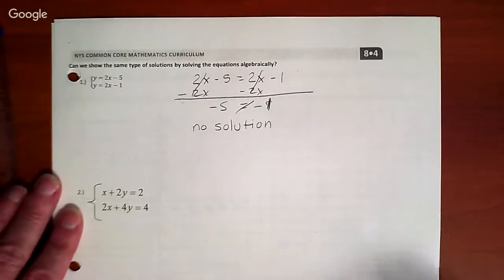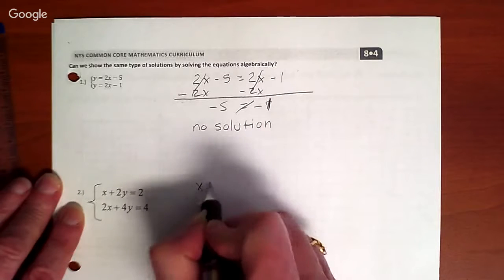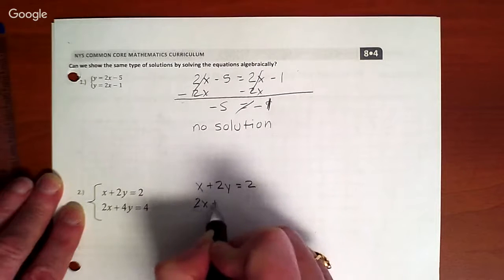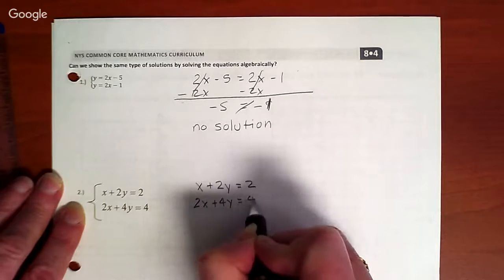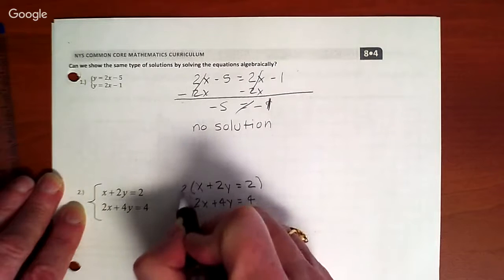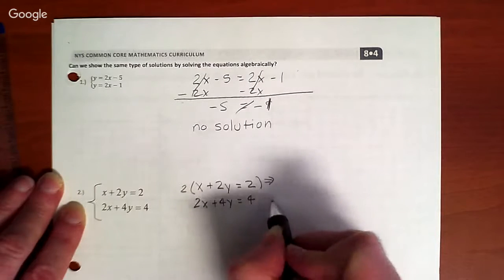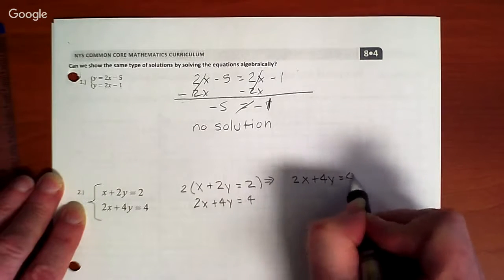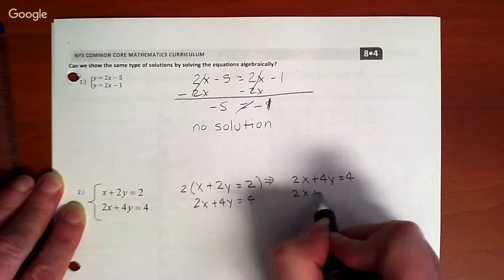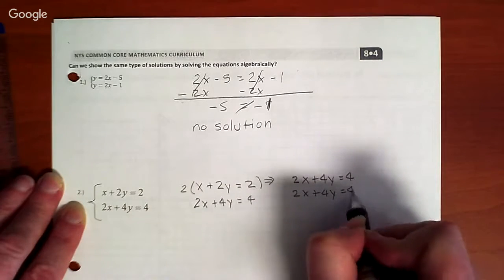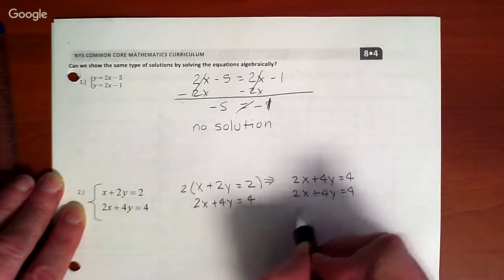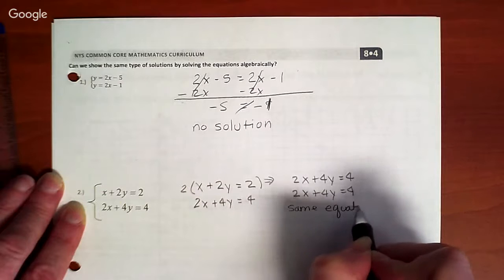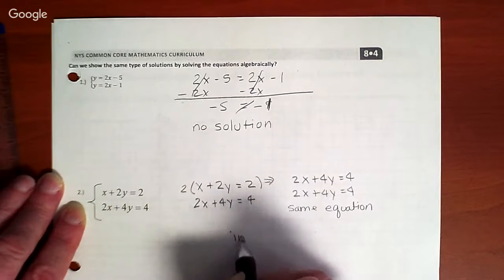The next one, we can multiply the top one by 2 and get 2x plus 4y equals 4, and 2x plus 4y equals 4, and show same equation. Infinitely many.